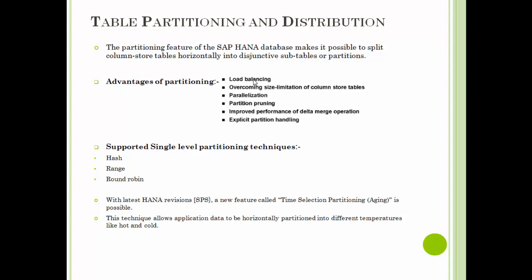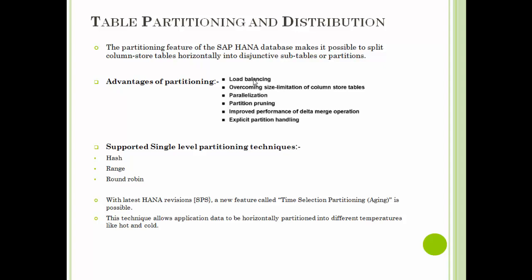And next is improved performance of delta merge operation. We know that by delta merge, we are trying to avoid a big impact on the input output on the disk. The performance of the delta merge operation depends on the size of the main index, the main memory. If the data is only being modified on some partitions, fewer partitions will need to be delta merged, and therefore performance will be better.